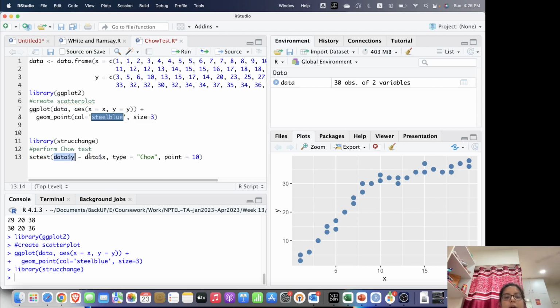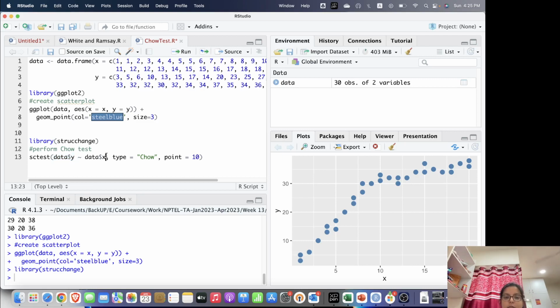First I have to supply the formula to this command. So the formula is I'm regressing y on x, and the type of test that I'm going to do, structural change test, is Chow, and the point about which we should differentiate the two regression equations that I'm going to fit is 10.